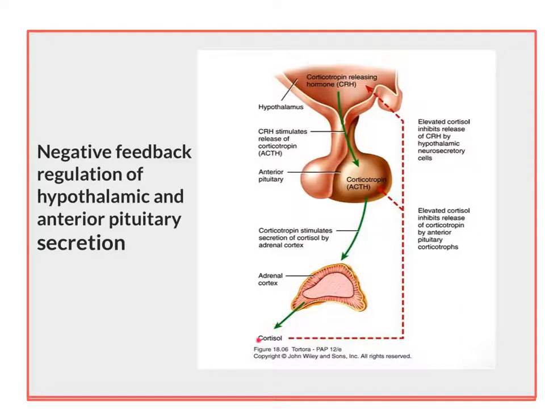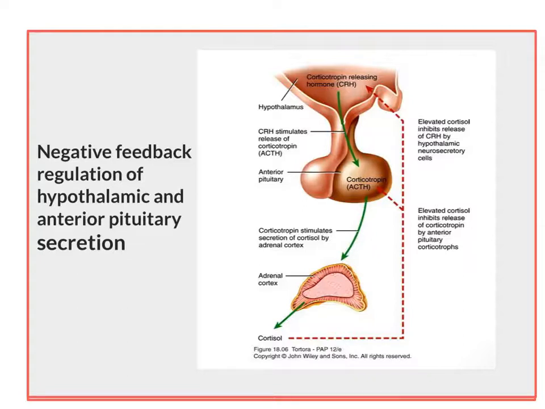High levels of cortisol are actually going to feed back negatively, and they're going to inhibit release of corticotropin by the anterior pituitary and also inhibit release of corticotropin releasing hormone. So this is going to result in negative feedback.